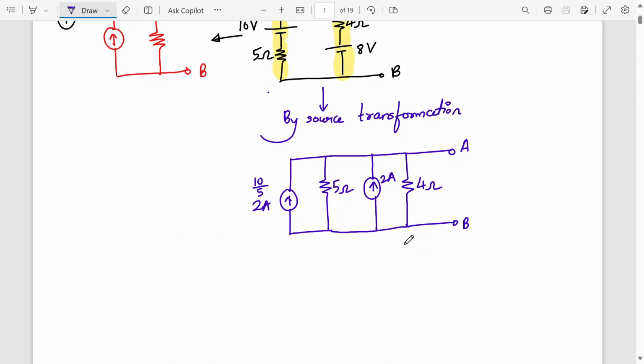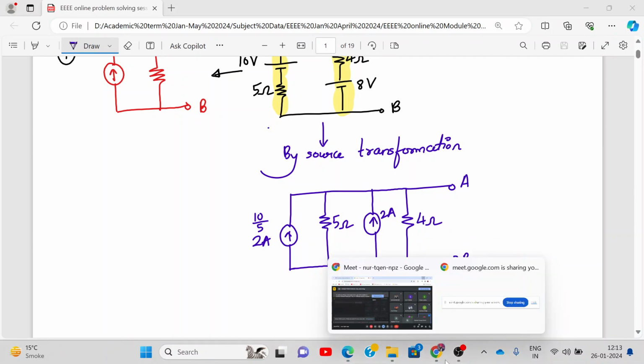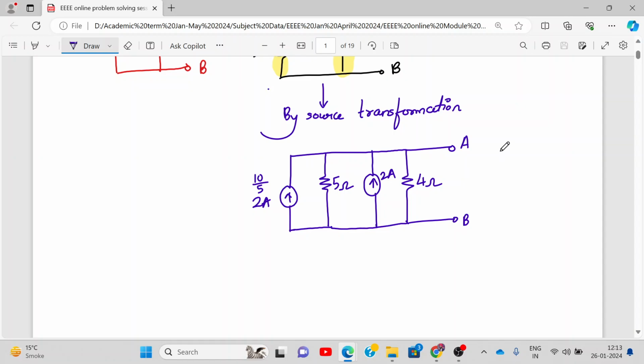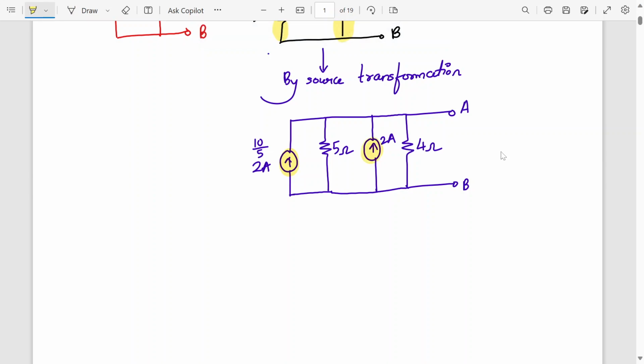Y'all can hear me, right? So please let me know how to proceed ahead. As you can see, this current source 2 ampere and this current source 2 ampere are in parallel, so we can add them together, and the 5 ohm resistance and 4 ohm resistance are in parallel, as you can see.